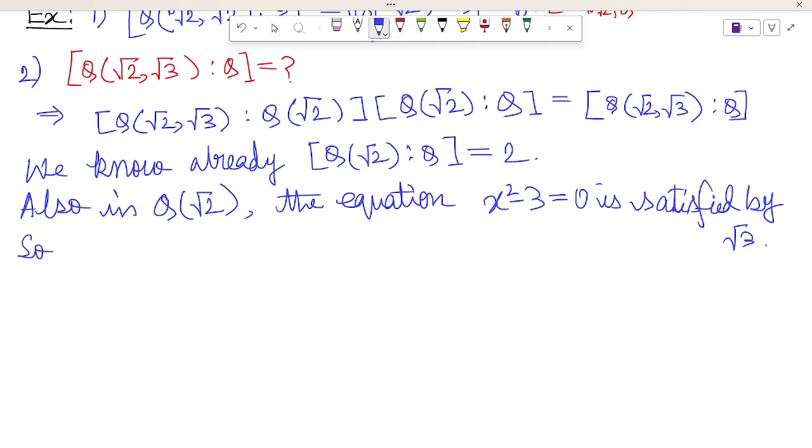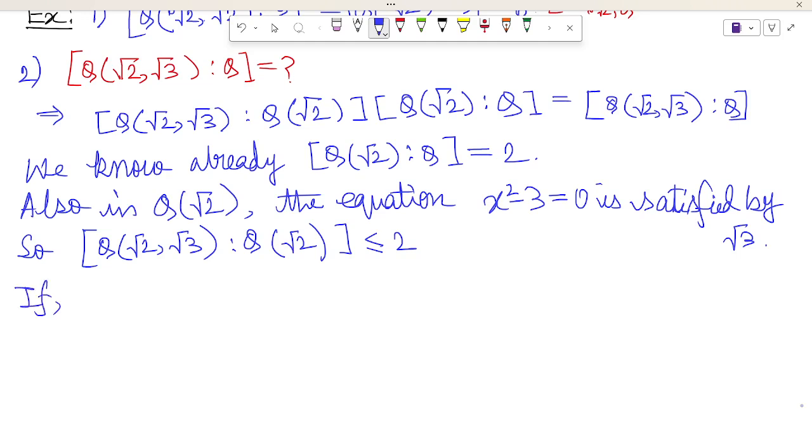So the degree of extension is equal to the degree of the minimal polynomial. It is equal to 1 when root 3 is there, or the degree of minimal polynomial is 1.